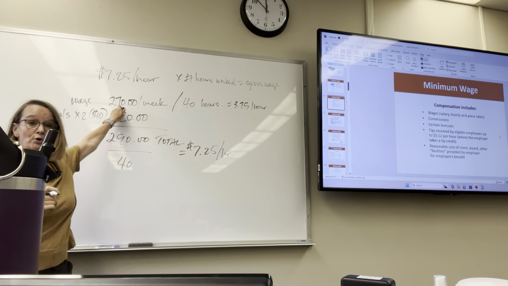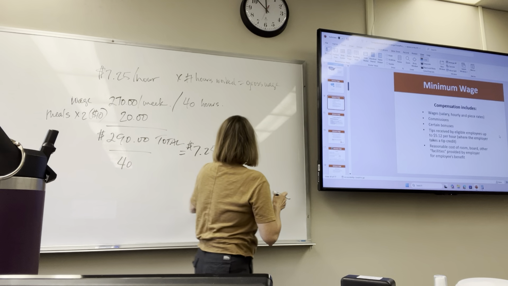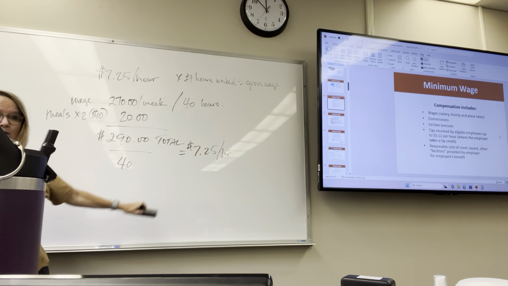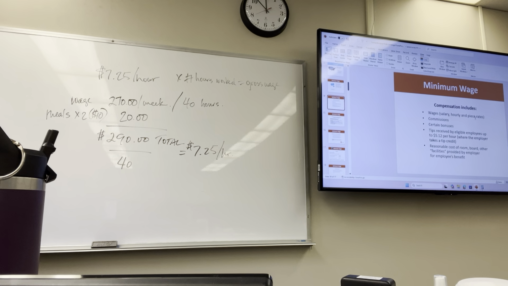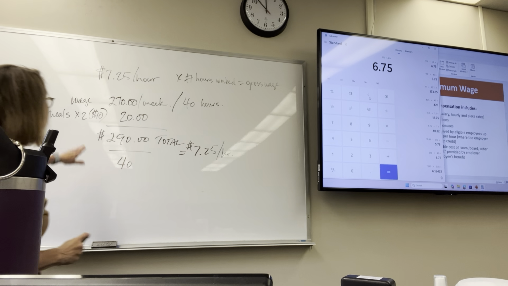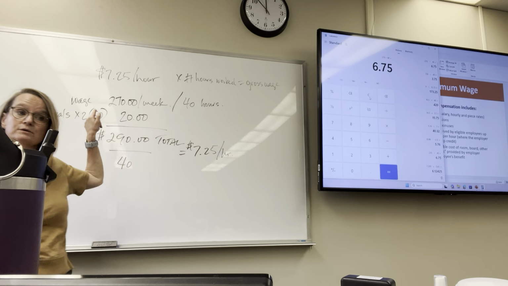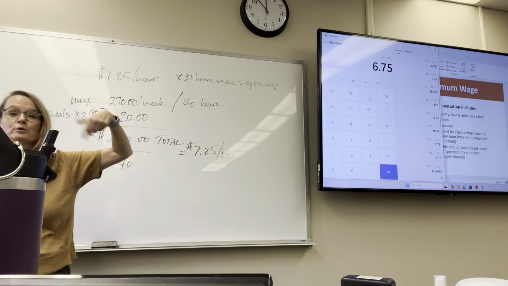Now, the wage alone, the cash, would not come out to $7.25 an hour. $270 over 40 hours would be $6.75 an hour. They wouldn't meet the minimum wage. However, the employer provided them 2 meals that were worth $10 each. The employer can count that toward their wage.